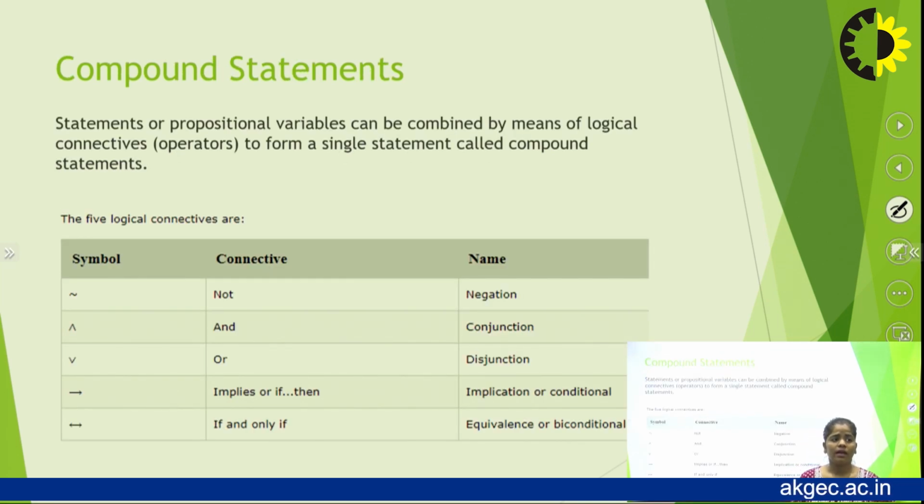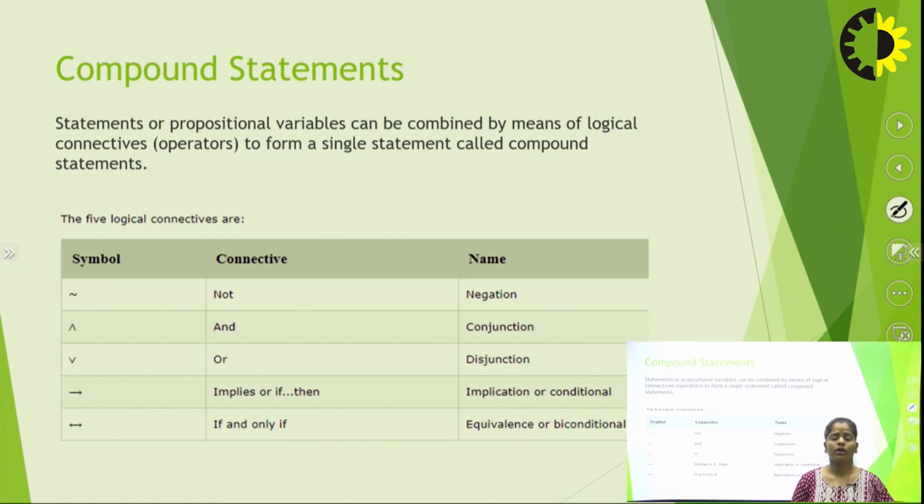Now we have compound statements also. A compound statement means we combine two propositional statements by some logical connectors or operators. There are 5 basic operators or connectors we use for compound statements.